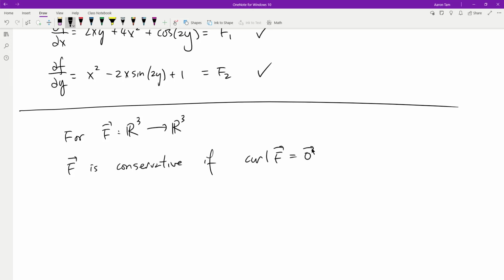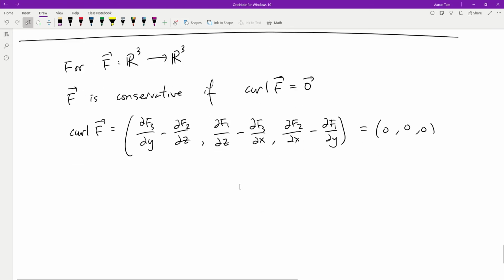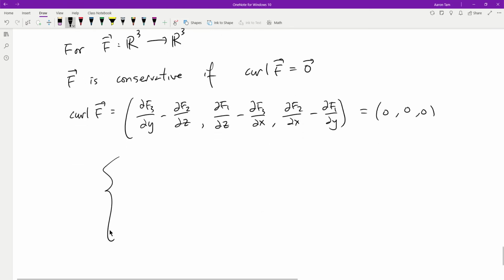Based on what you remember of curl from 8.4, curl is df3 over dy minus df2 over dz, df1 over dz minus df3 over dx, df2 over dx minus df1 over dy, and we need that to equal 0, 0, 0. And therefore that results in the following consistency conditions.